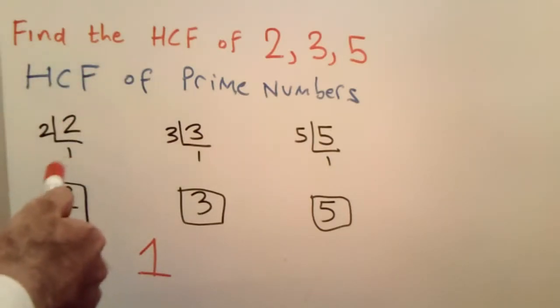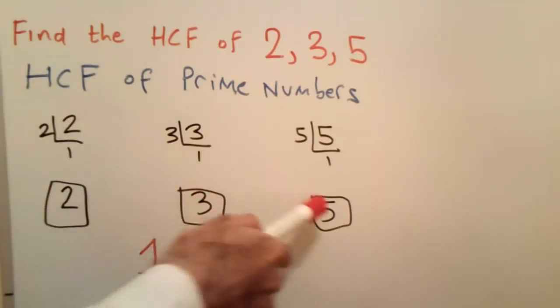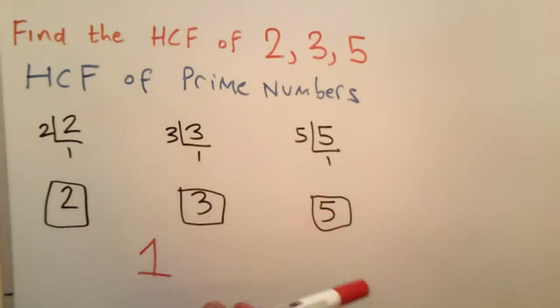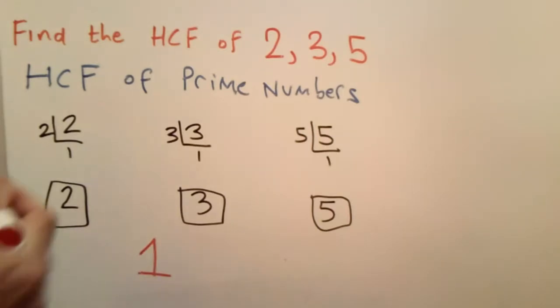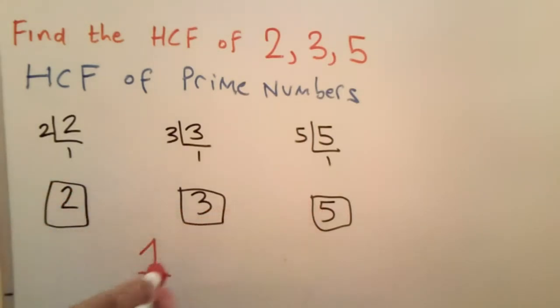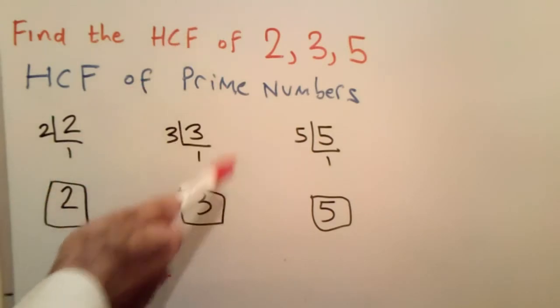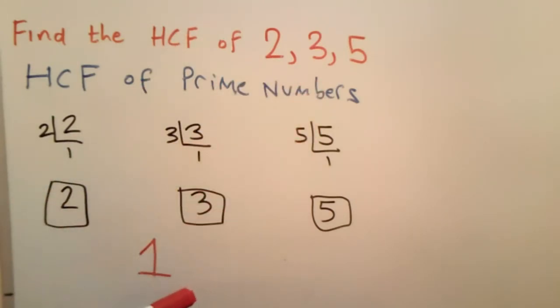But here it's because there's nothing common here, and that's it. We just say because a prime number will always have itself and 1 as a factor, we say that the highest common factor is 1, and that's it.